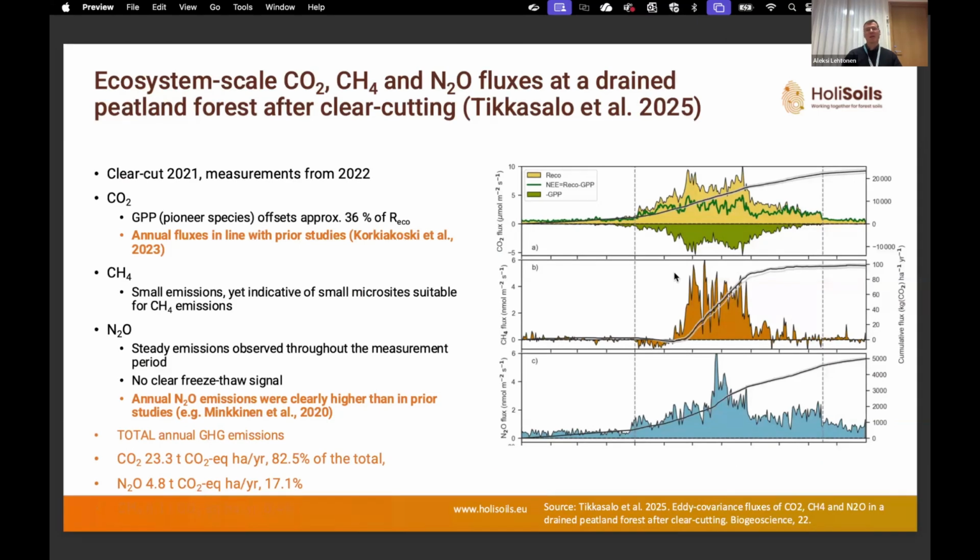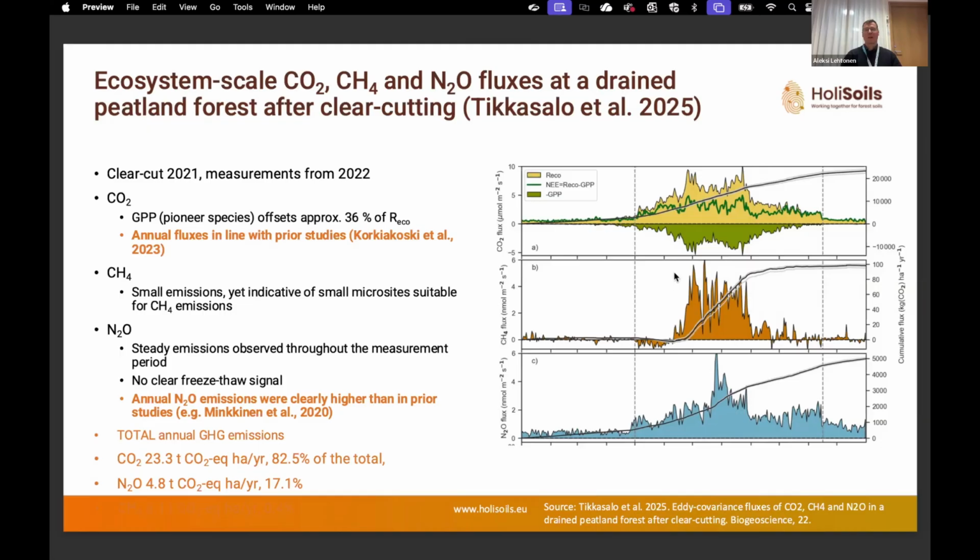I will showcase some of the results that are mainly done by Olli-Pekka Tikkasalo and Olli Peltola. So here you can see the clear-cut measurements for greenhouse gases for 2022. On the top panel, you can see the CO2 flux variability, with the yellow being the ecosystem respiration, the green one being the gross primary productivity, while the green line is the net ecosystem exchange, and the black line being the cumulative fluxes.